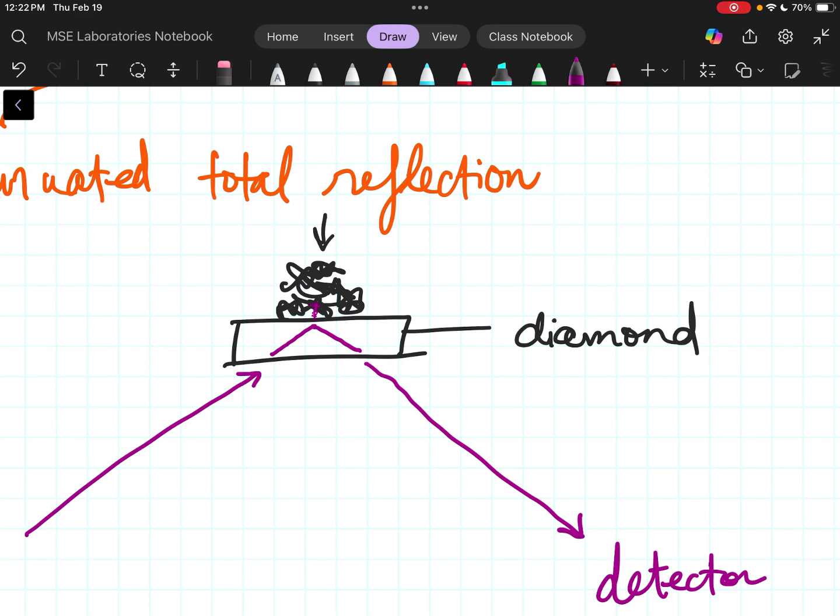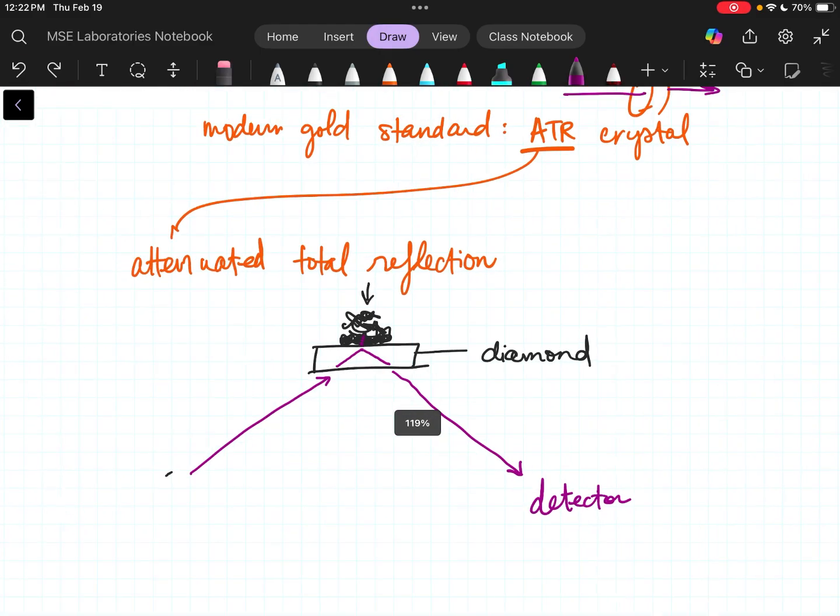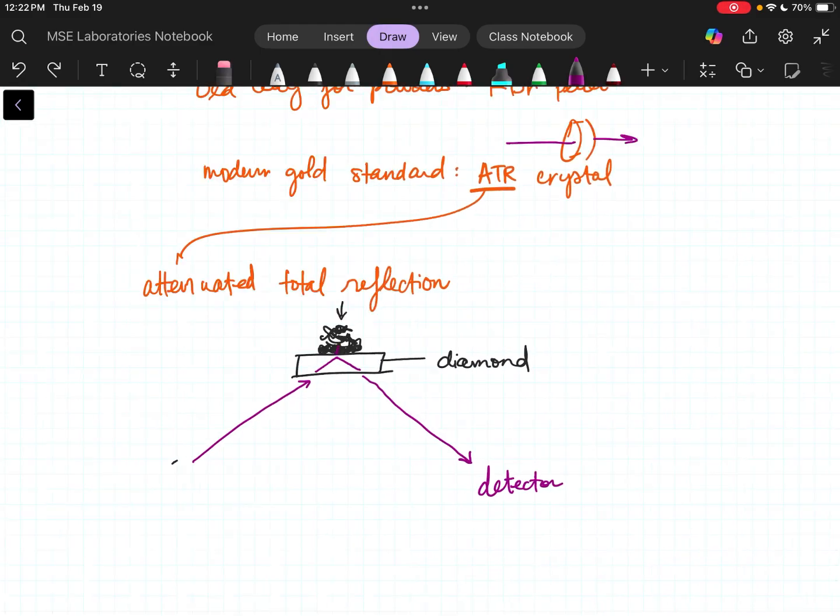I get this tiny little interaction right here. The way I've drawn it, my powder is not densified enough, and so my IR beam would hit air rather than powder. So you wanna make sure that you are nice and densified against the surface of the crystal.